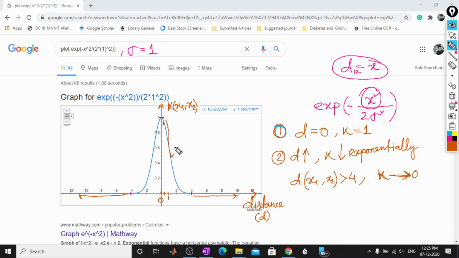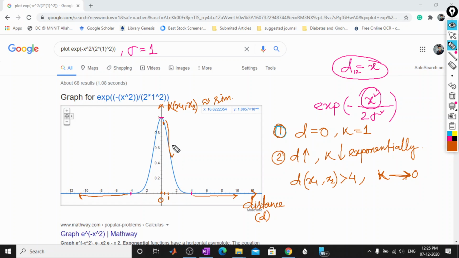So actually we see that if our distance is closer and closer, then our kernel value, which is one kind of similarity value, increases. If our distance increased, then similarity decreased. If our distance decreased, similarity increased. That is, the kernel value increased.